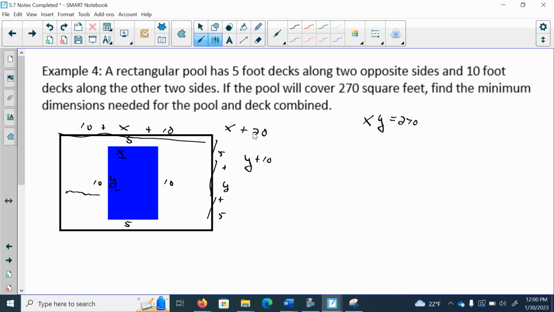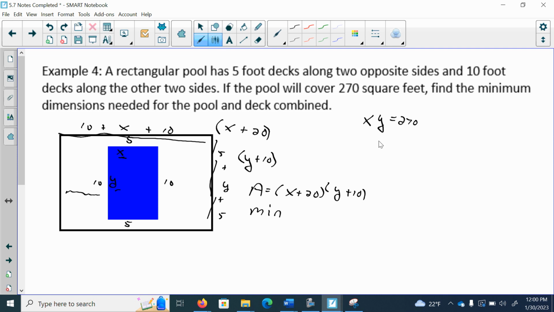And then I want to find the minimum dimensions needed for the pool and the deck combined. So that's going to be this X plus 20, Y plus 10, and that's going to be area. So the area of this entire thing is going to be X plus 20 times Y plus 10. And I want to do the minimum. So I'm looking for a minimum for this area formula.